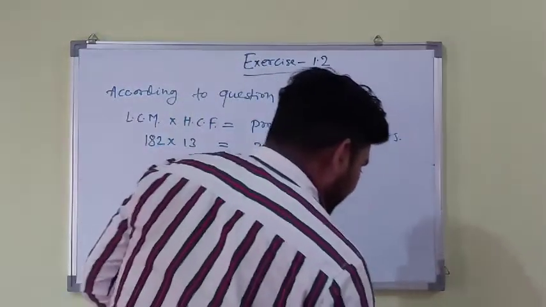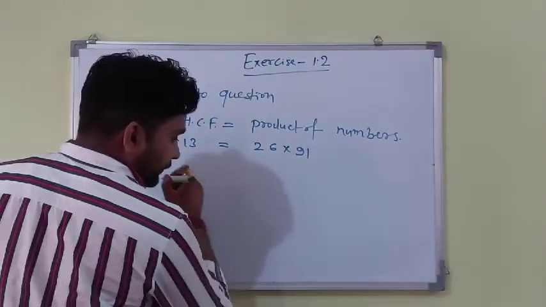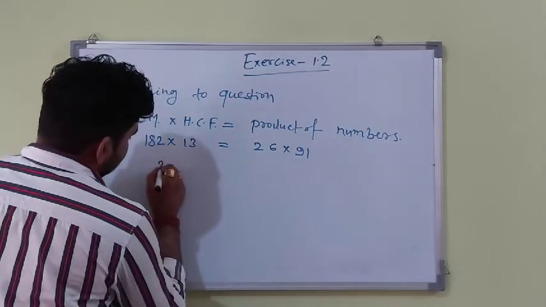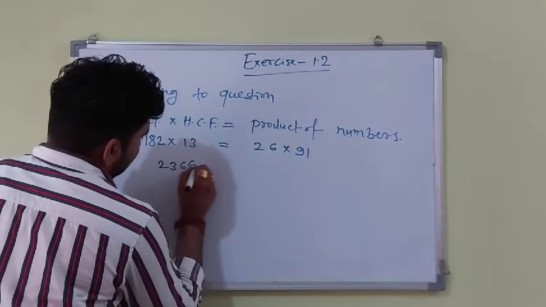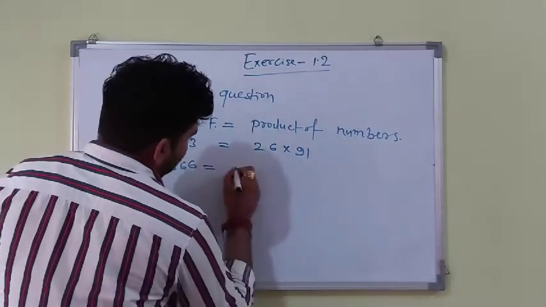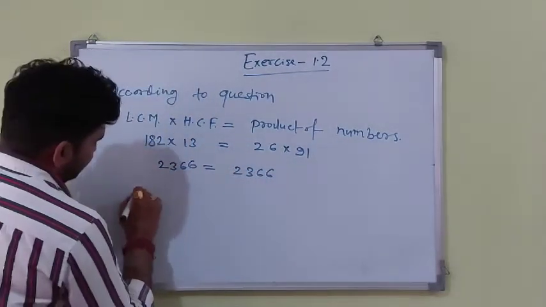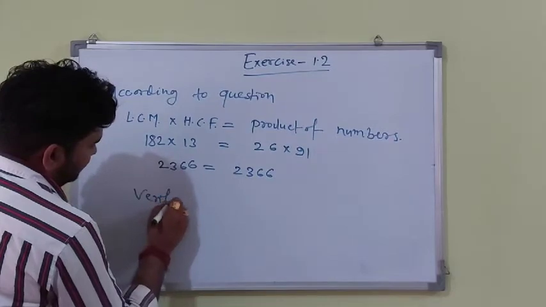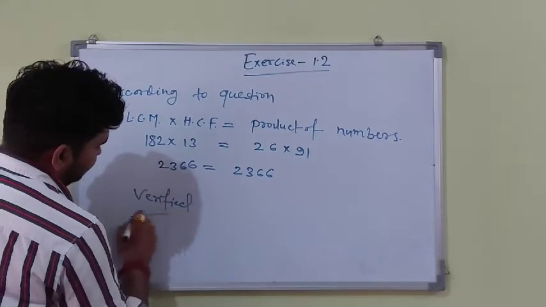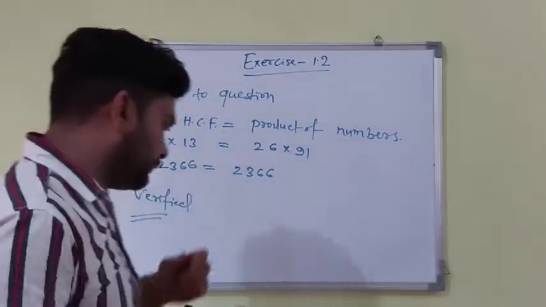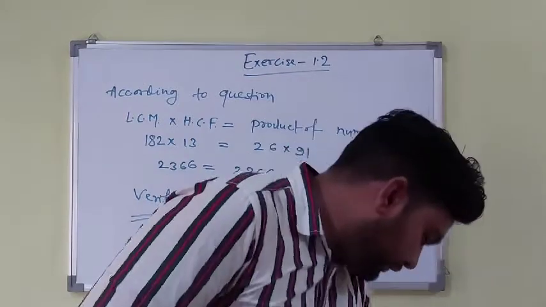When we multiply these, we got 2366, and this one also gives us 2366. That means it is verified. Question number second, first.